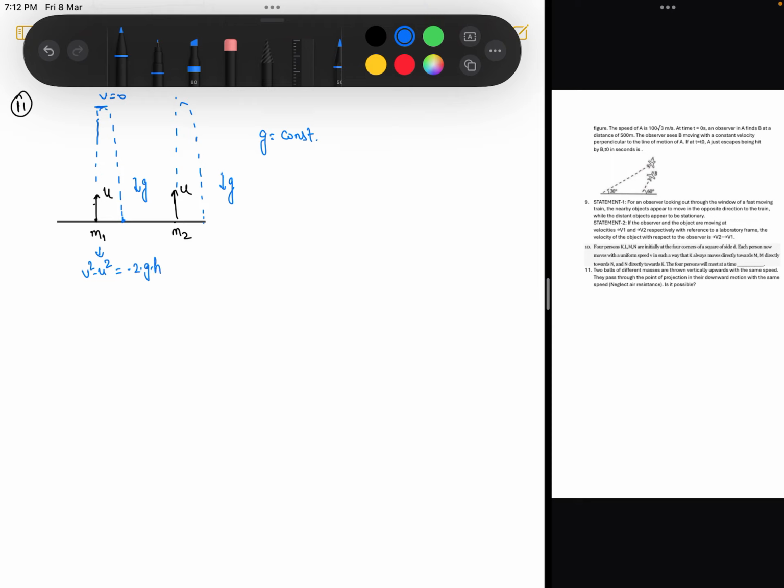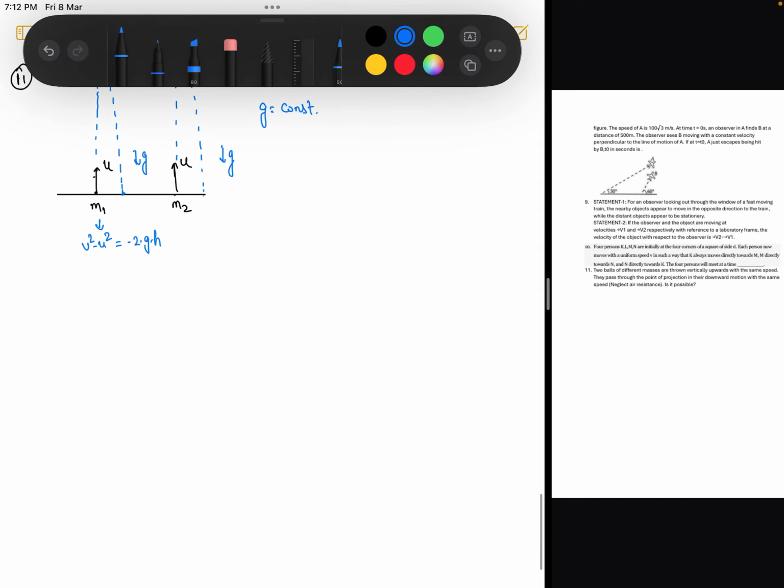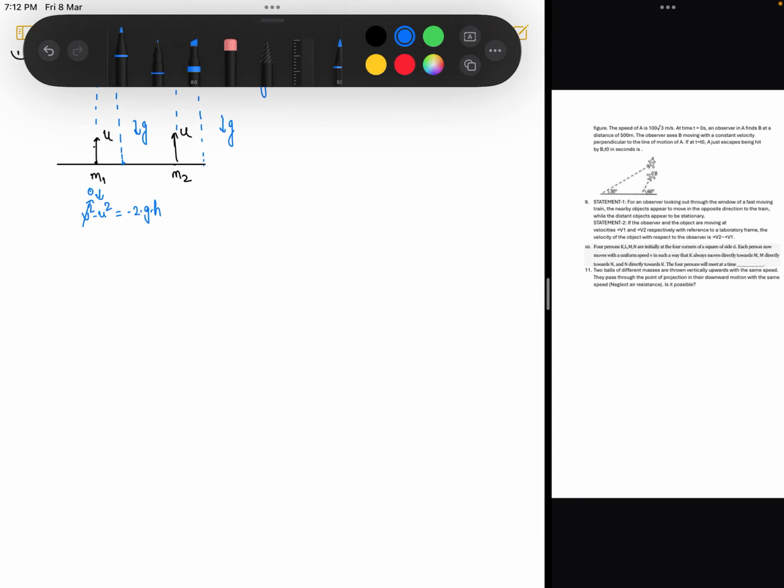They will be moving up to the same height only, because the initial velocity is the same. Here the final velocity will be 0 for the first half of the motion. So the height, let us suppose, is u square by 2g.